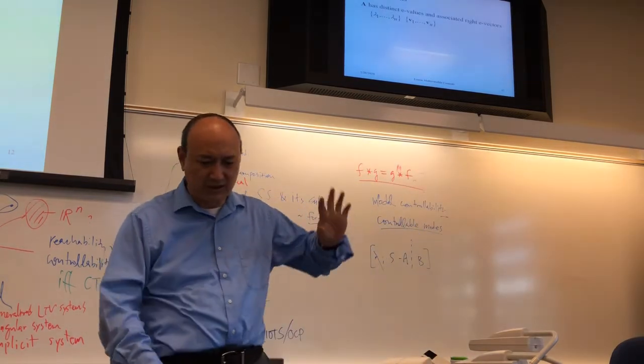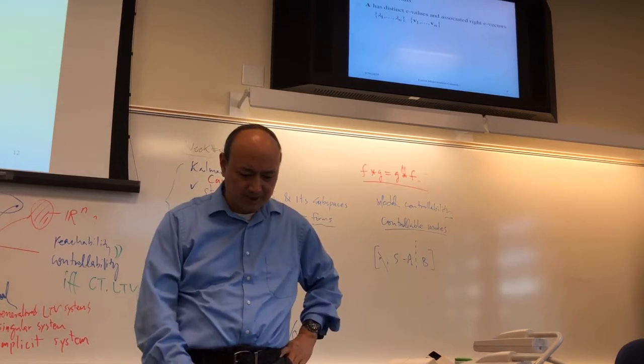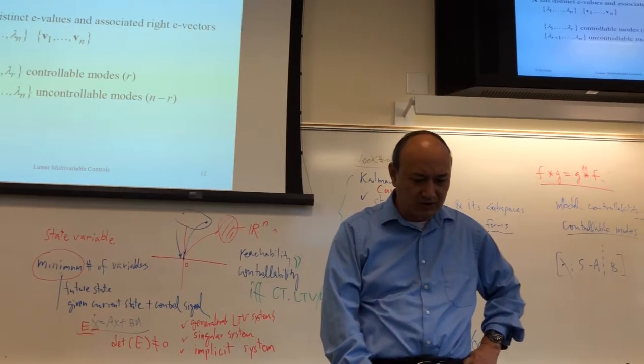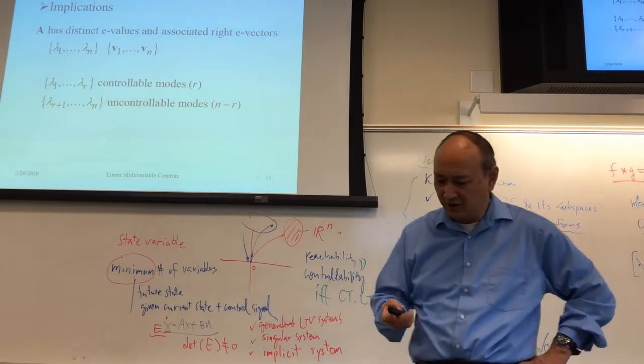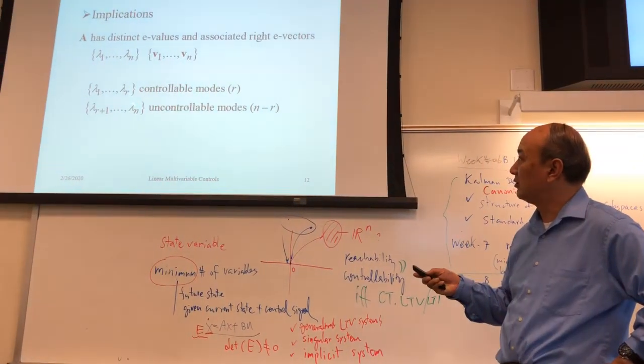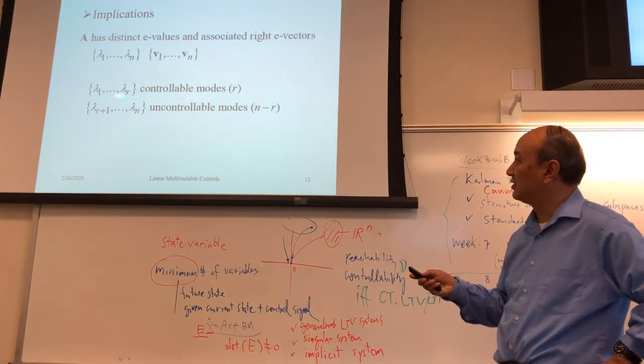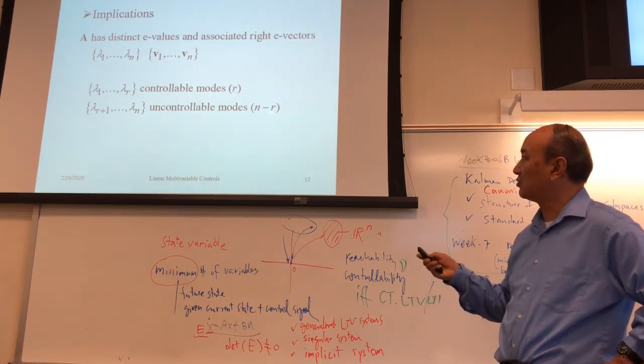We have learned it last time, but those controllable modes, they may not all be controllable. You only have part of that. The first ones are controllable modes. The last are not controllable modes.